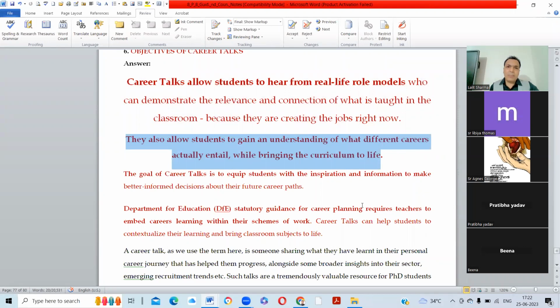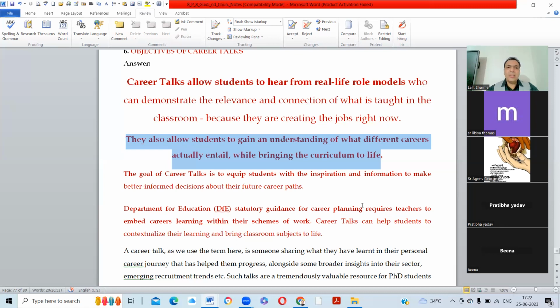As I have told you, this information you have to provide to the students, and if you don't have it, you can arrange an expert. You can gather all the students in the hall and invite any guest faculty having knowledge of career talks and career guidance. Students come to know a lot of things, the diverse opportunities, right?